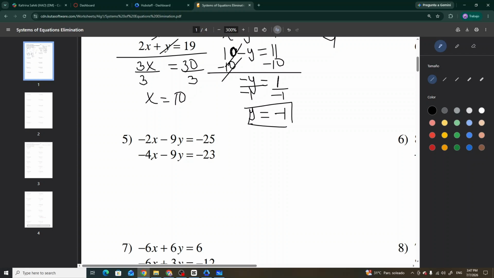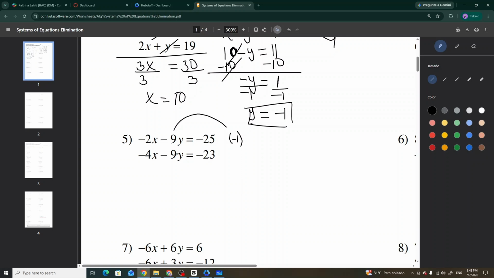So one of the easiest ways is to multiply by negative 1. It could be either the first or the second, but I'm choosing just the first. If you multiply by negative 1, the negative 9 will become positive 9.